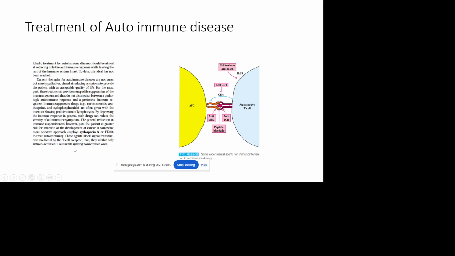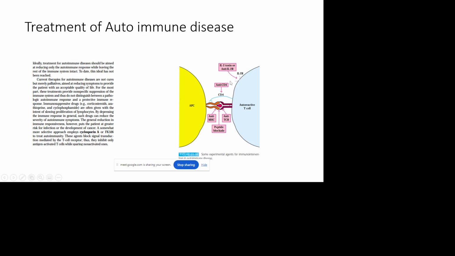Then there was a somewhat more selective approach that employs cyclosporin A to treat autoimmunity. This agent blocks signal transduction mediated by the T cell receptor. Thus they will inhibit only the antigen activated T cells, right? So it will spare the non-activated T cell, but it will inhibit only the antigen activated T cell. That's how they can be used for the treatment of autoimmune disorder. And otherwise they have developed IL-2 toxin or anti-IL-2 receptor.